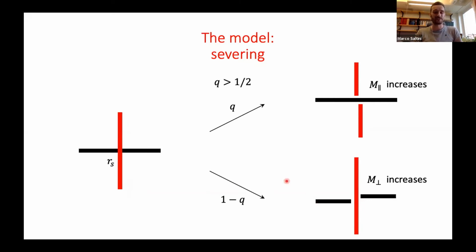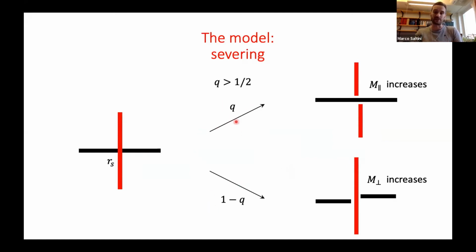Here, however, as I said before, we do not really take into account a real interaction between the two populations of microtubules. But at the same time, we want to include this preferential severing in our model. We include it just by assuming that the intrinsic severing rate of a single microtubule is higher in the case of the longitudinal microtubules compared to what happens for the transverse microtubules.